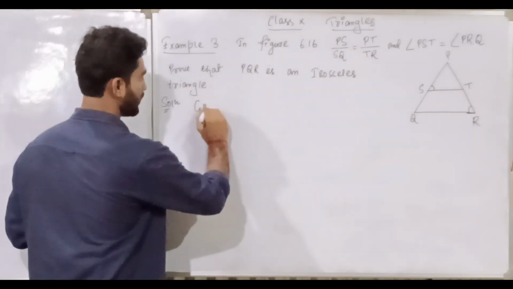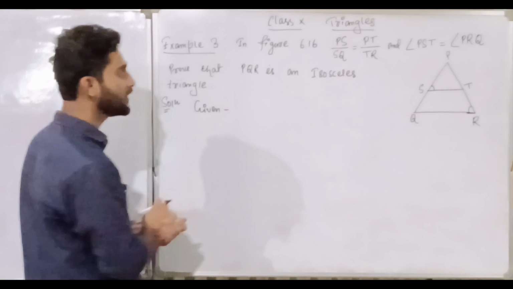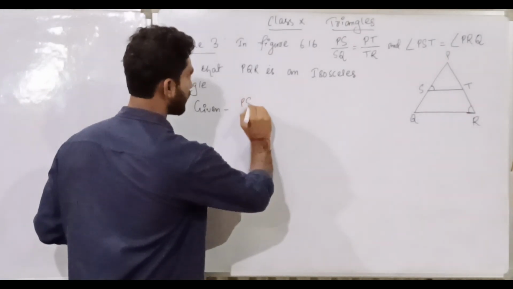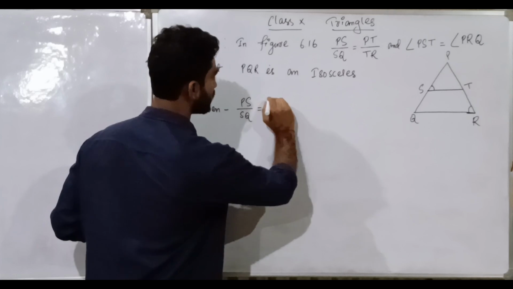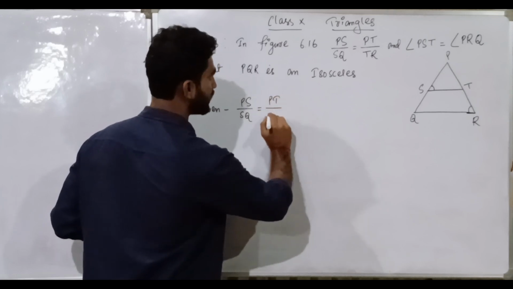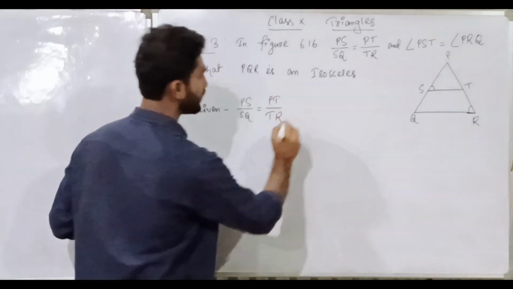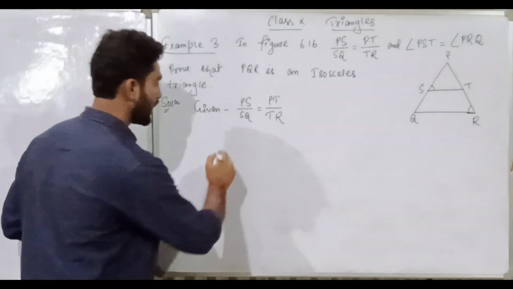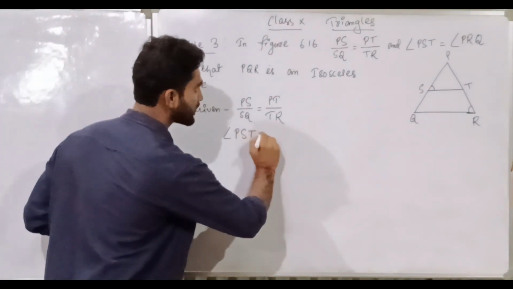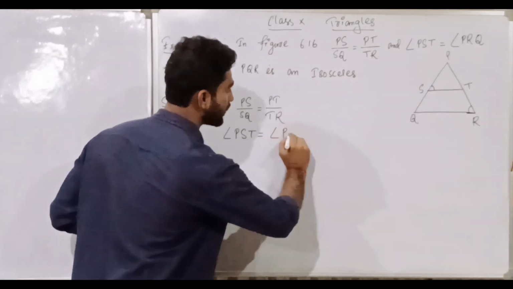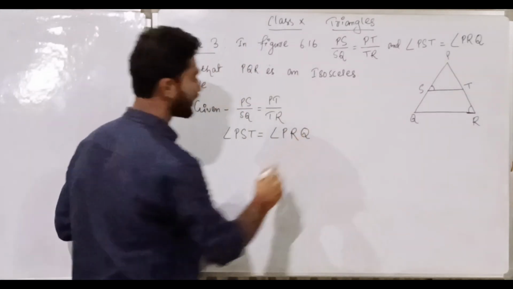First, what is given in the question? It is given PS divided by SQ is equal to PT divided by TR, and angle PST is equal to angle PRQ.